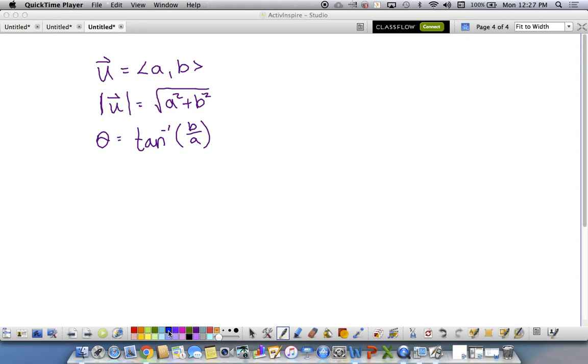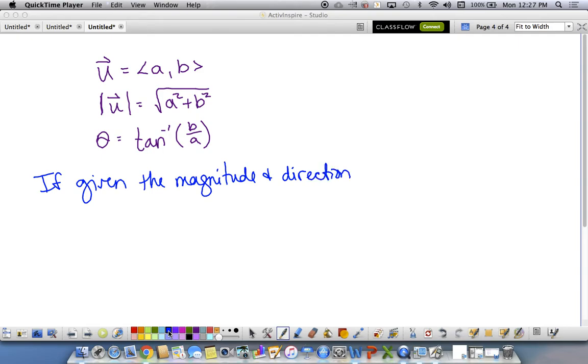If given the magnitude and direction, you can find A and B given these formulas.